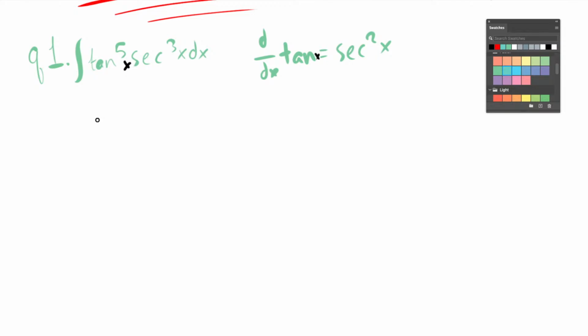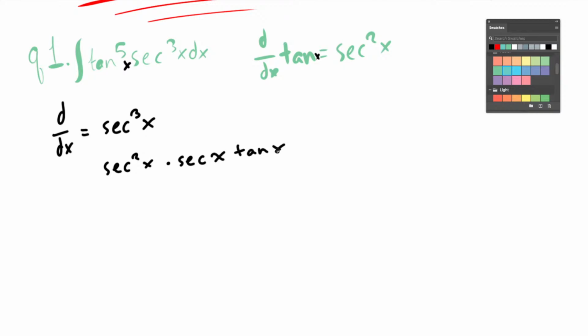We want some d dx to equal secant cubed x. This could be secant squared x times secant x tan x. Right? So then that would get rid of both secant cubed and one tangent.